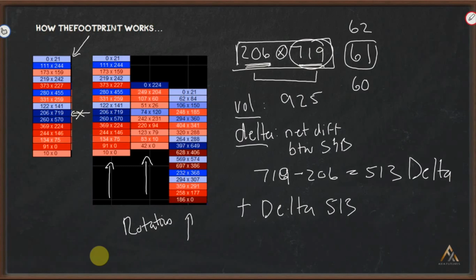Where that's important is as the footprint develops over a rotation or a given period, we get something called a cumulative delta. The cumulative delta is simply all of the deltas from this rotation, this rotation, this rotation, all accumulated together. Just for a basic sense, the cumulative delta is very closely watched by traders. Why?